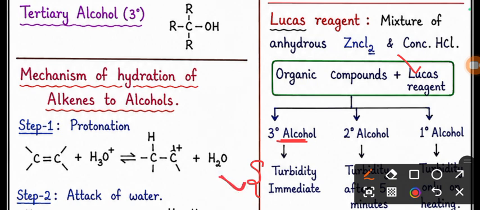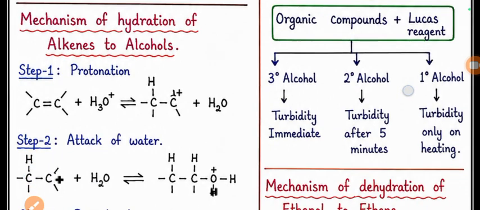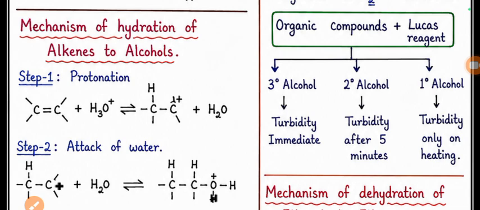Turbidity you will get because of the formation of alkyl halide. When you add Lucas reagent to secondary alcohol, turbidity comes after 5 minutes, and primary alcohol gives turbidity only after heating. So this way Lucas reagent helps us to differentiate the alcohol.